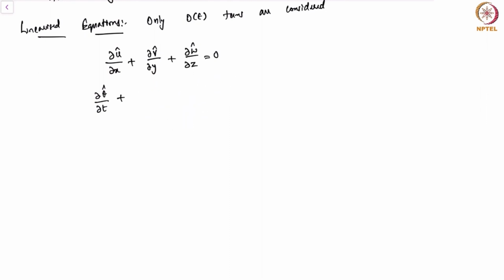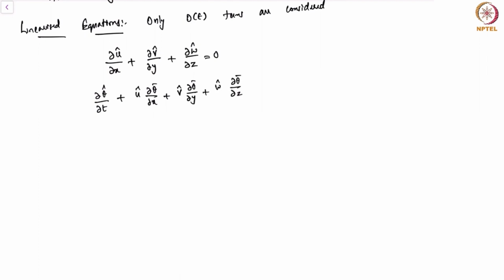But what about the mean? The mean quantities would be u hat del theta bar by del x plus v hat del theta bar by del y plus w hat del theta bar by del z.